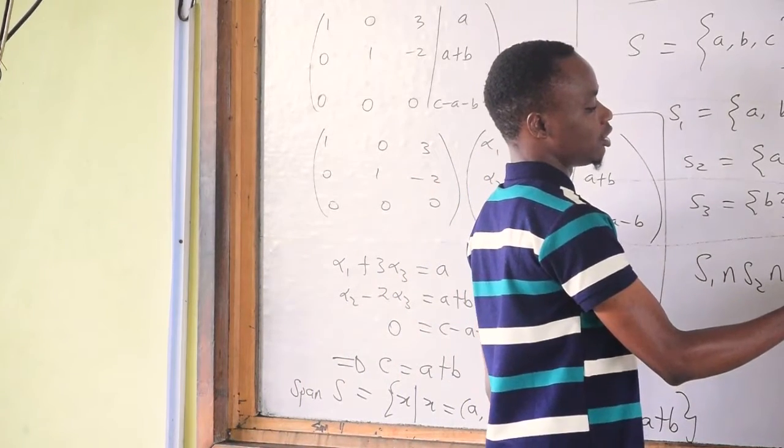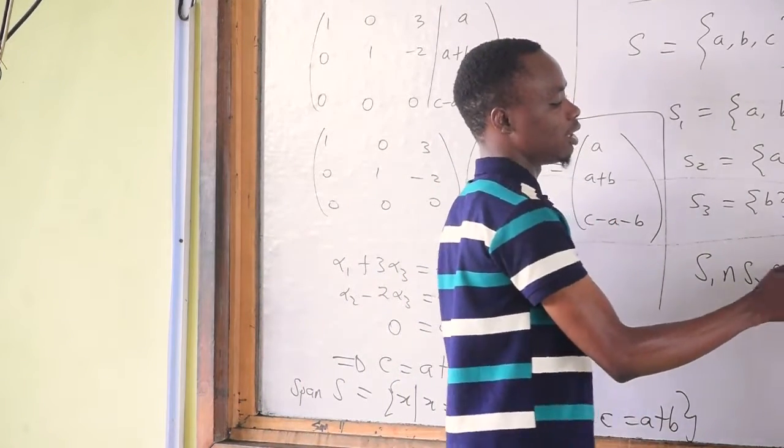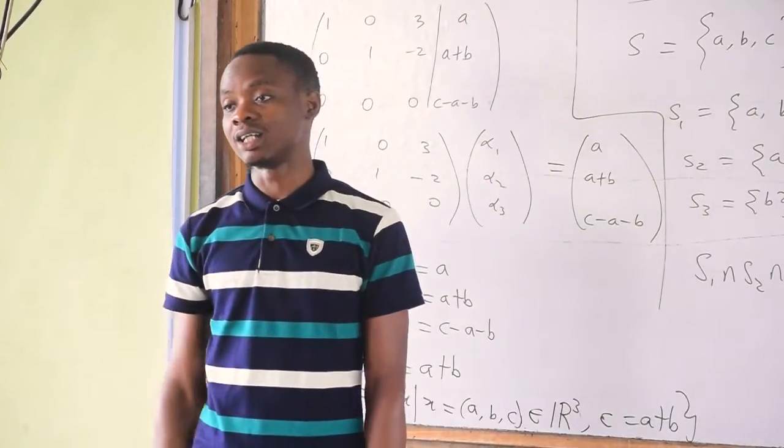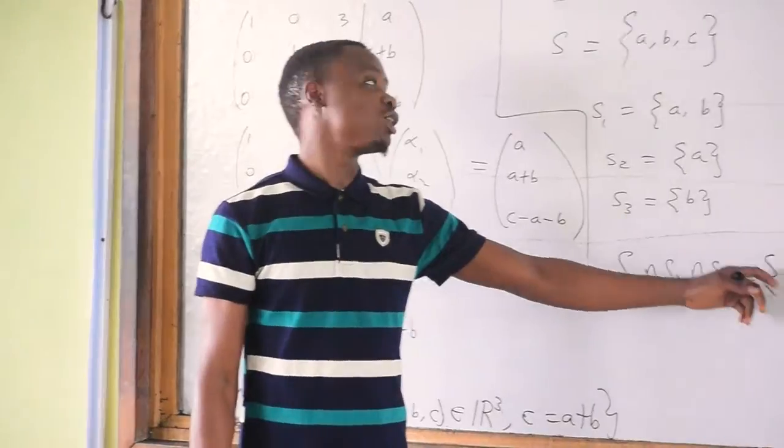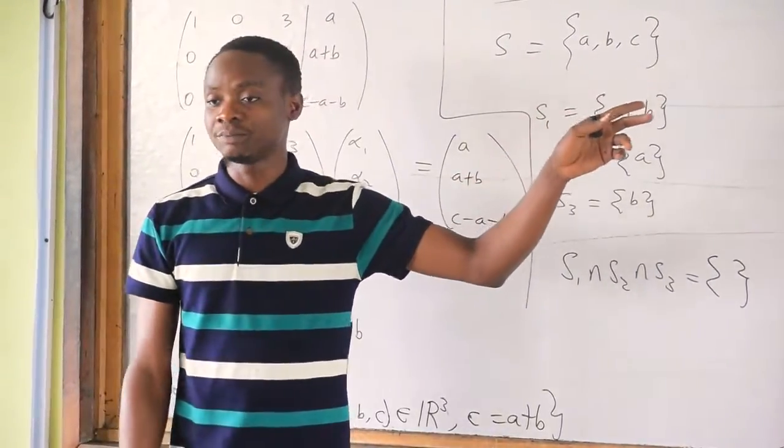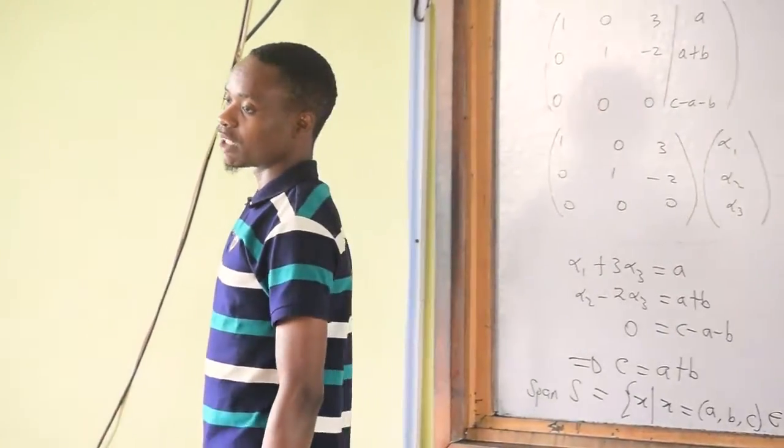So this intersection is also a subset of S. The empty set is a subset of S.